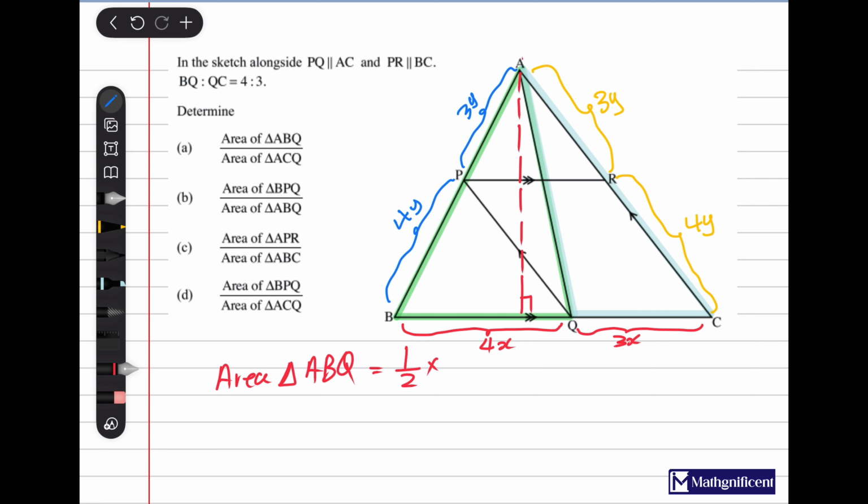At the same time, it is also a height for triangle AQC.